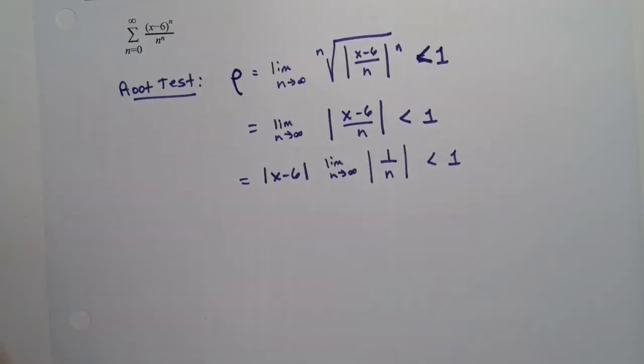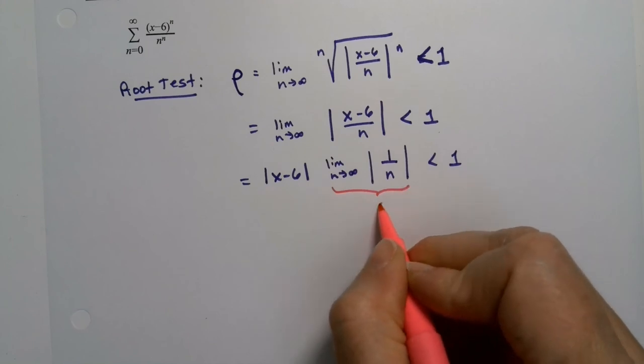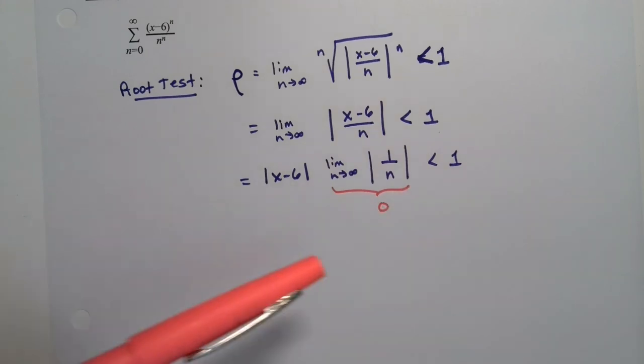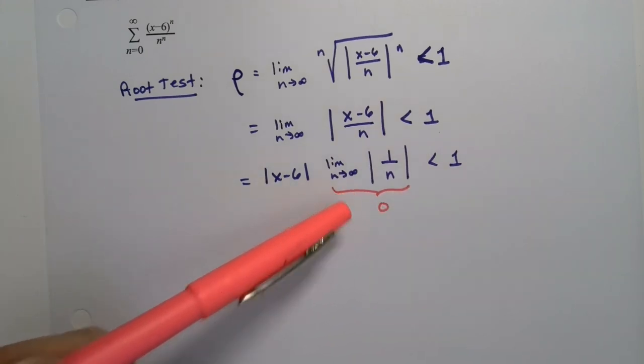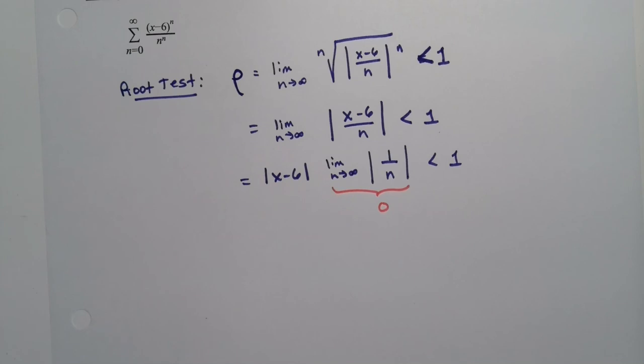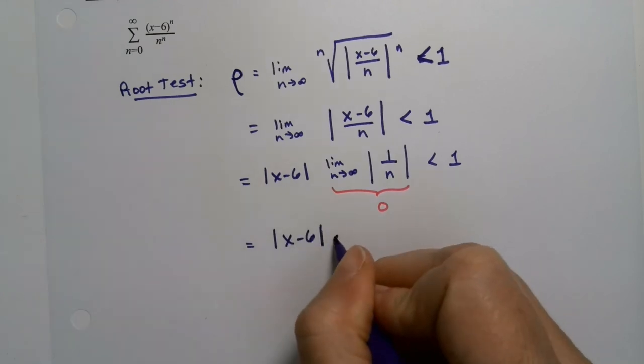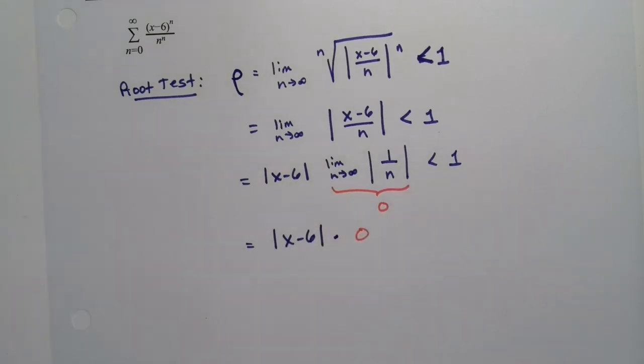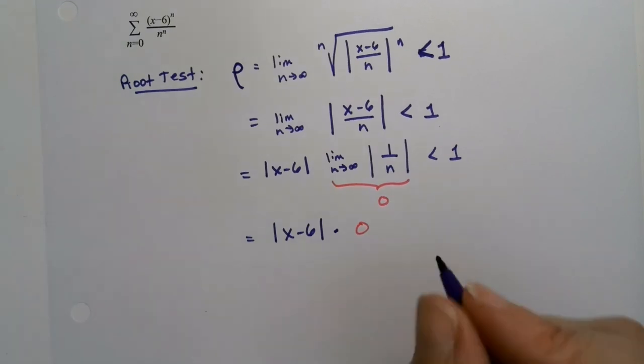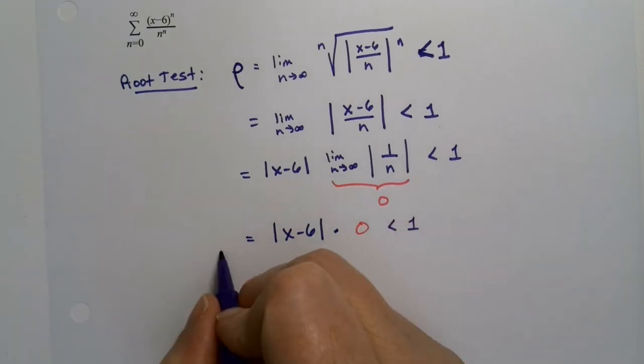But this part right here is 0. We know that the limit as n goes to infinity of 1 over n is 0. So that means that I have the absolute value of x minus 6 times 0. When is that less than 1? That's your rho value.